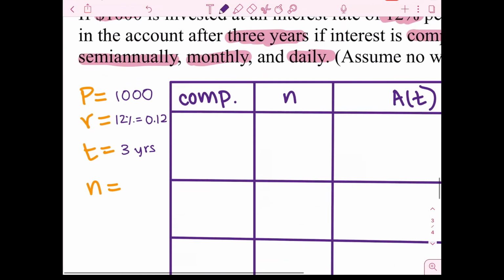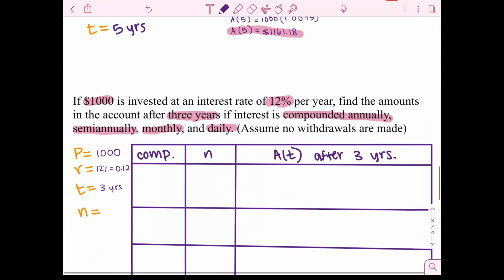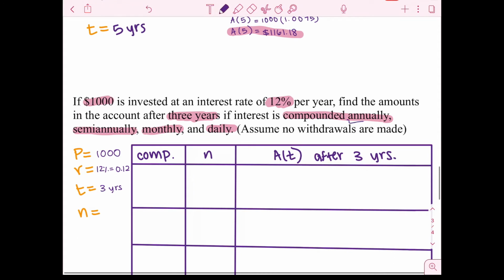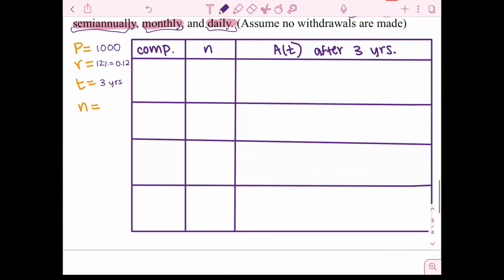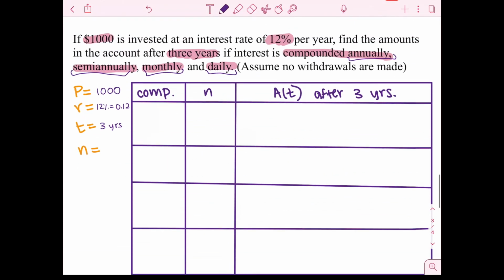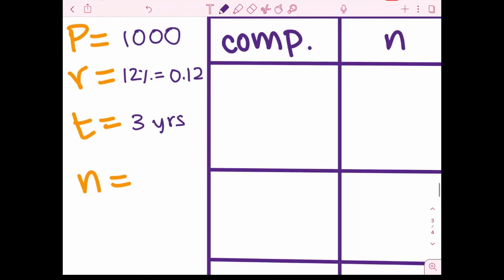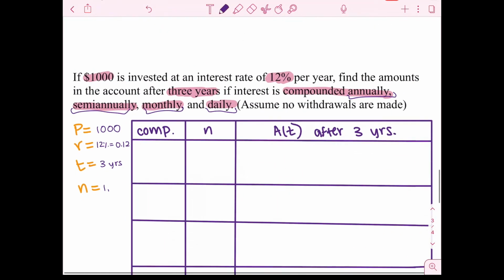and our N is going to vary because now we're compounding annually, semi-annually, monthly, and daily. So that's why I have multiple columns for N. So annually means once a year, so we have once a year. Semi-annually is twice a year.